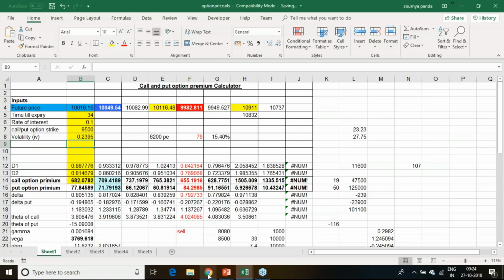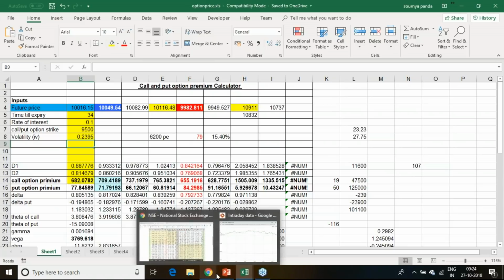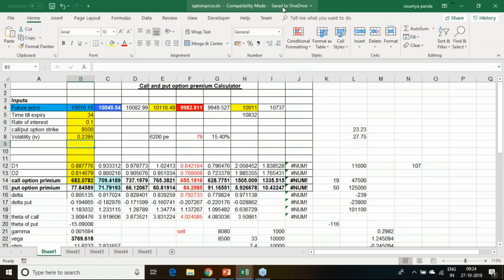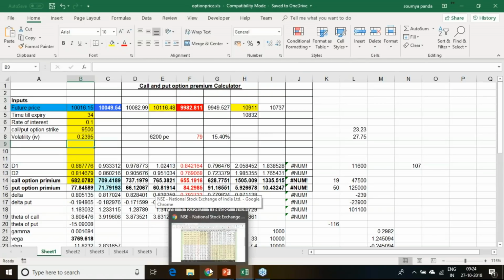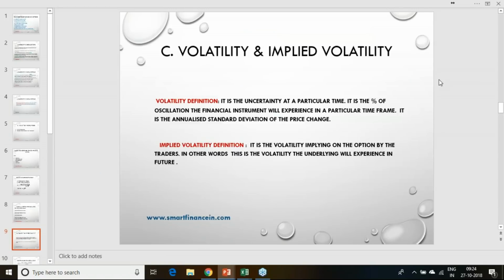Implied volatility can be calculated only through some software algorithms. So what is volatility and implied volatility? Volatility, as I have told you, you can take the past 10 days of data, use the logarithmic method and calculate, or take the past 1 year of data and calculate. By definition, it is the uncertainty at a particular time.